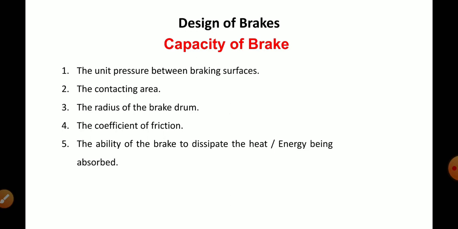Fourth, the coefficient of friction between the brake drum and the brake lining material. Fifth, the ability of the brake to dissipate heat, or the energy being absorbed by the brake.